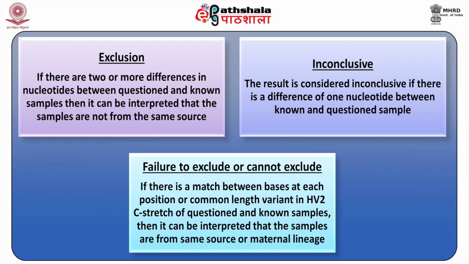And the third category is failure to exclude, or cannot exclude. If there is a match between bases at each position, or common length variant in hypervariable region 2, C stretch of questioned and known samples, then it can be interpreted that the samples are from the same source or maternal lineage.